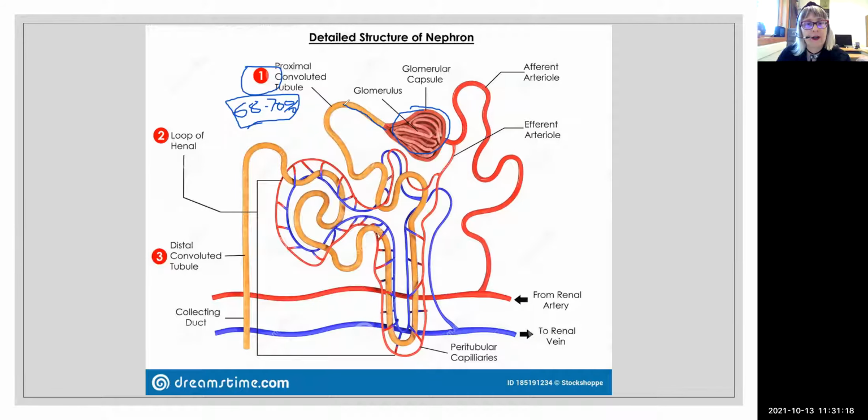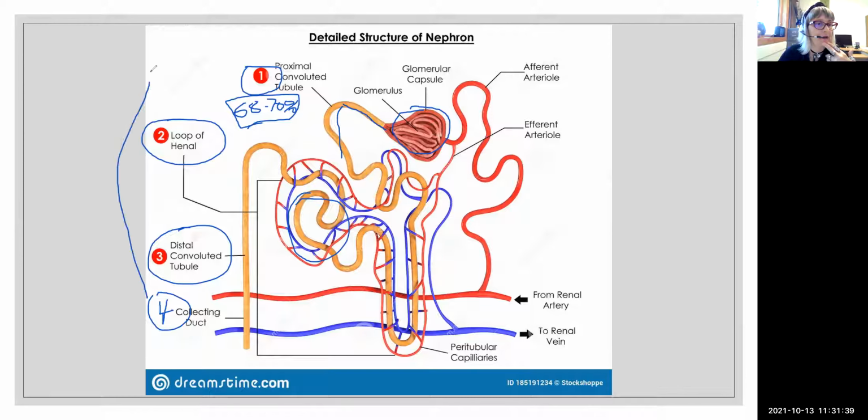From there, the filtrate moves down into the second part, which is the loop of Henle. And from the loop of Henle, it's going to move into the distal convoluted tubule. From the distal convoluted tubule, it moves into the collecting duct. From the collecting duct, I'm going to draw it out right here.